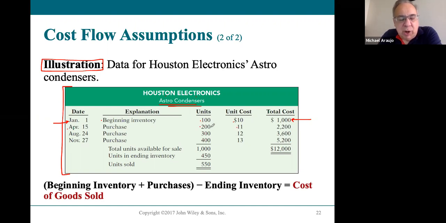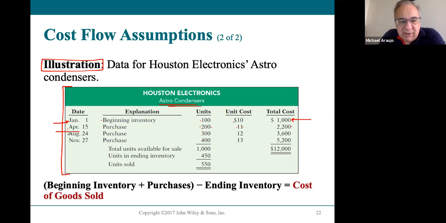And so when they bought these 200 Astro condensers, they had to pay $2,200 for the inventory. But look, if you just stop right there in April, this company had 300 Astro condensers in stock, 300 total units after April, and they had $3,200 worth of inventory.